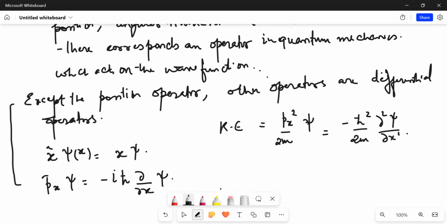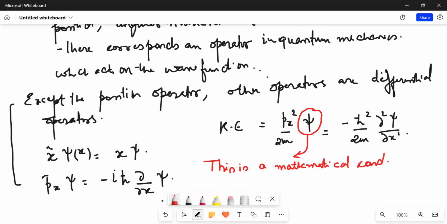Now, what is this psi? Psi is nothing but a mathematical construct which gives maximum information about the state of the system.